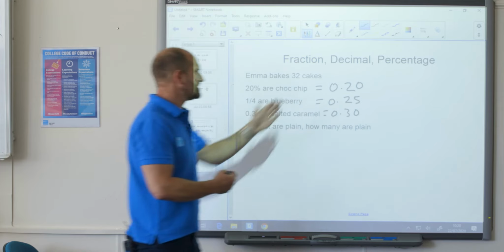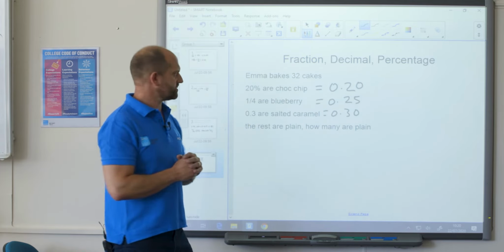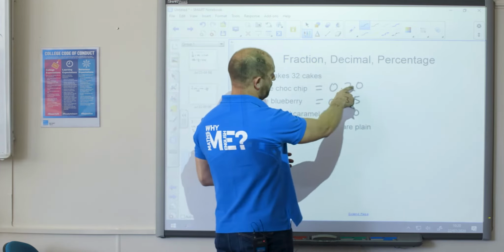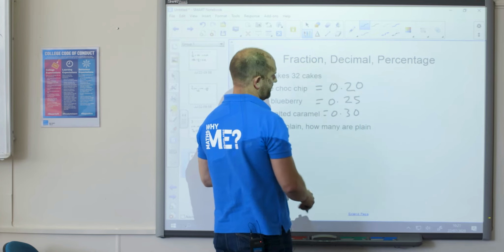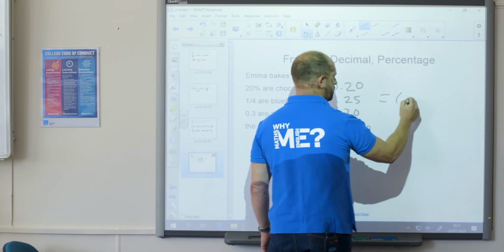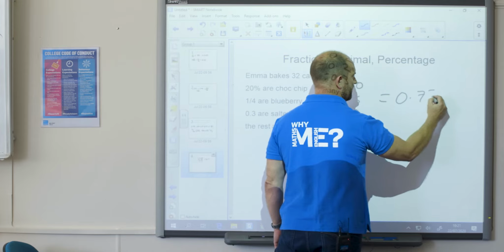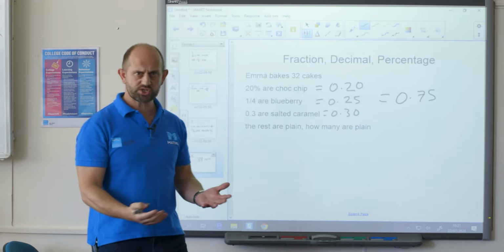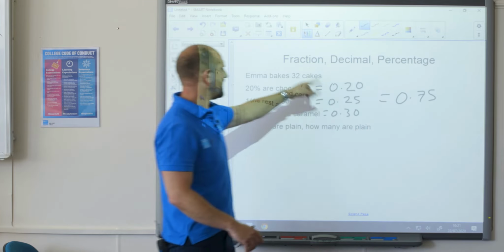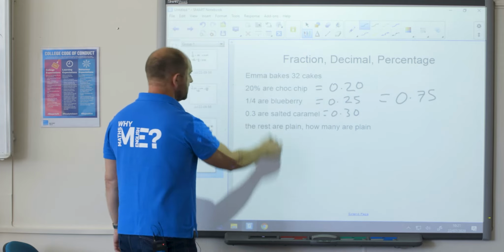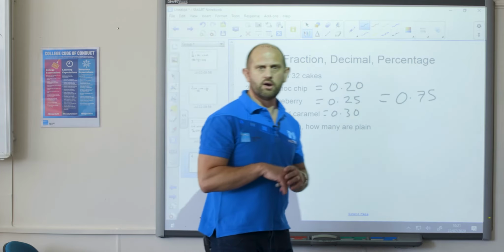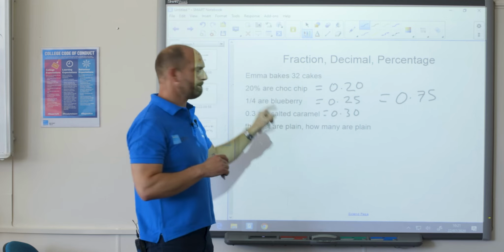Now all I need to do is to add those decimals together. So I've got 0.2, 0.25 and 0.3, so that equals 0.75 as a total. So 3/4 of the cakes are already accounted for. So that means then a quarter of them are going to be plain.